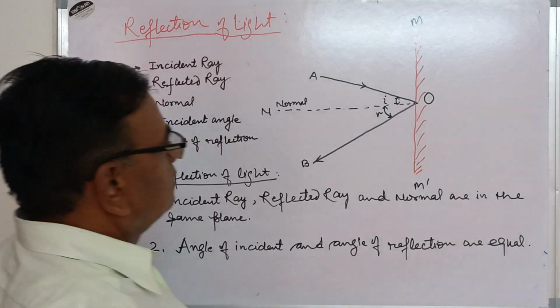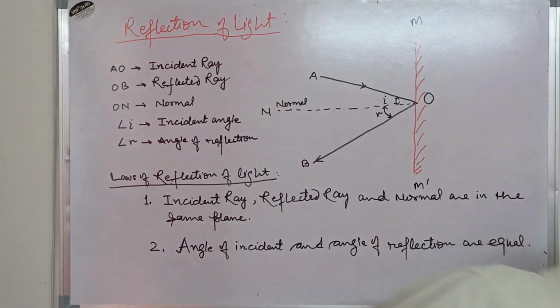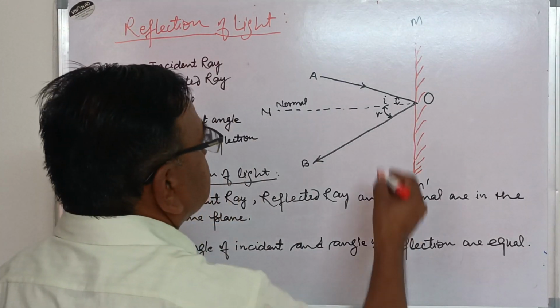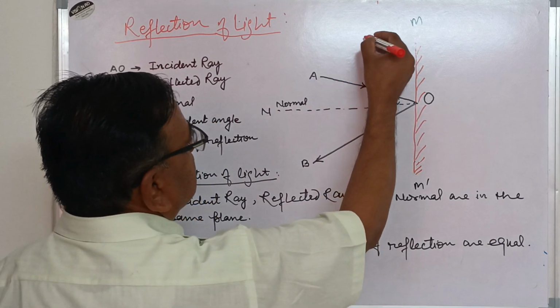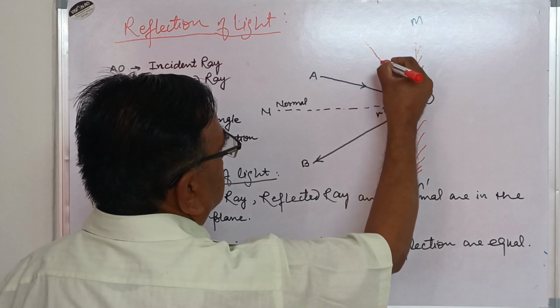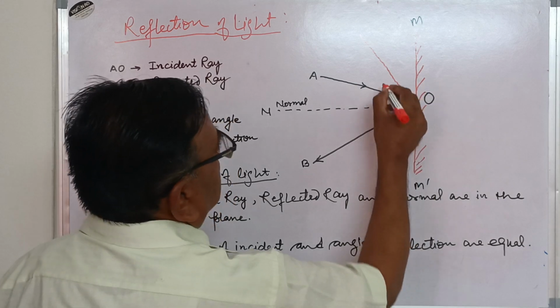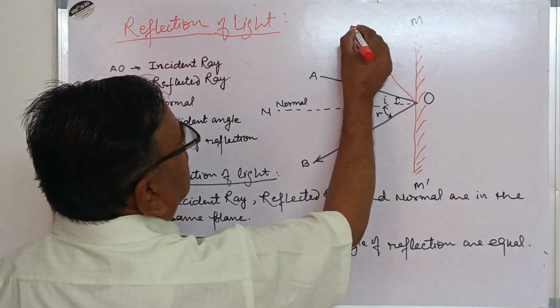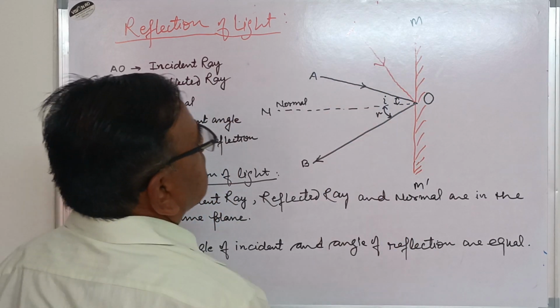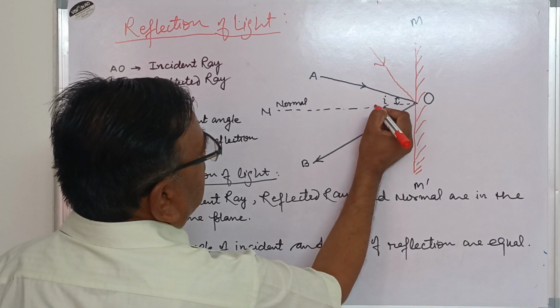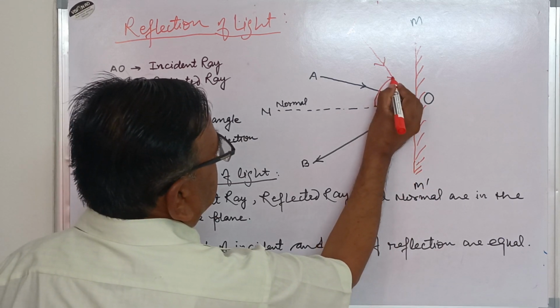Now take another ray. This is the first ray. Say this ray comes here. Yeah. This is A dash. Now from the normal, this is the angle.